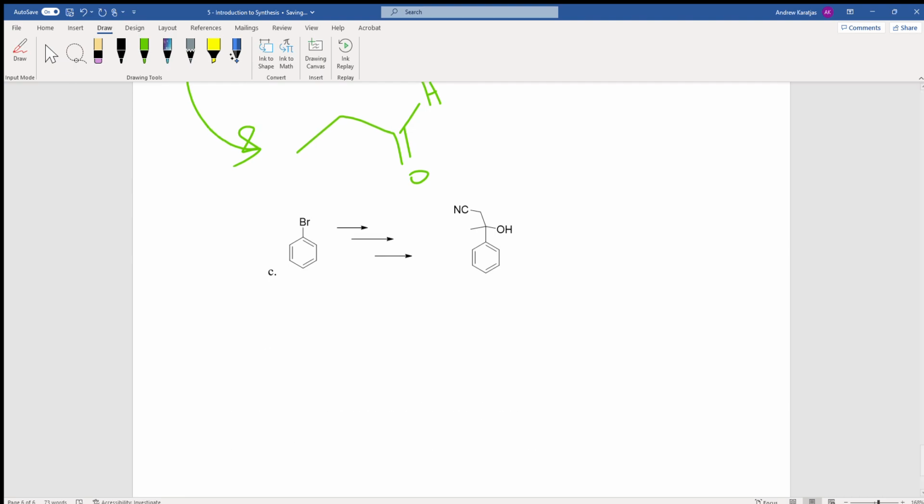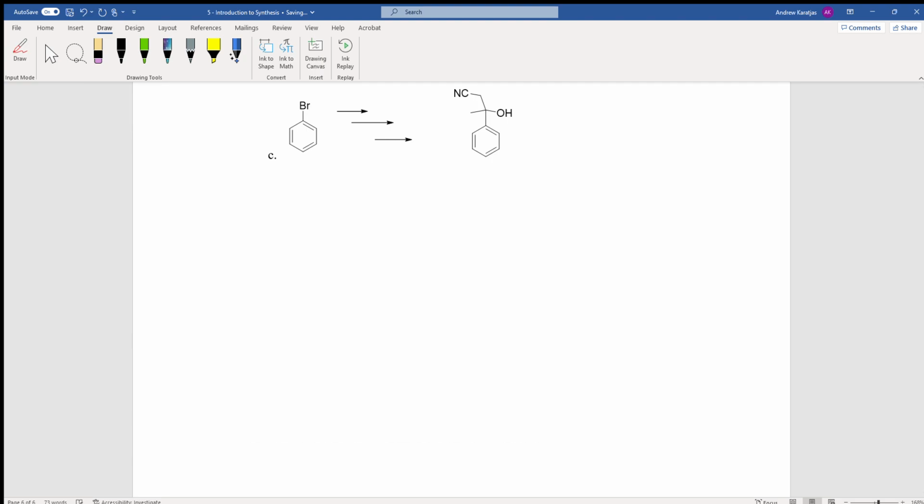All right, our final one, part C. So we can see we've got this nitrile as well as this alcohol. So how do we make this?